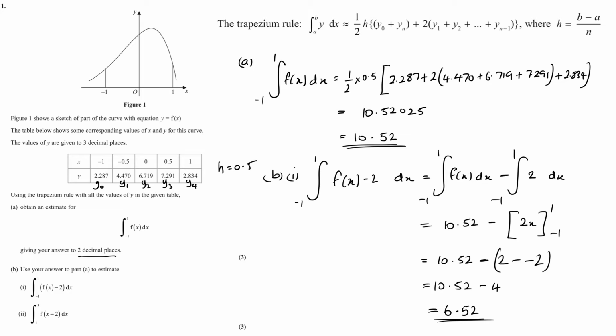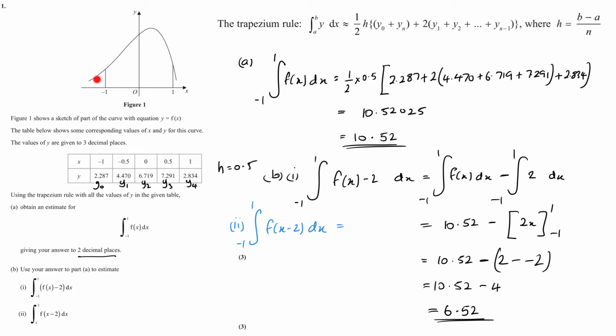Okay, so that's B part 1, and then B part 2, I'm going to put this in blue writing just so that you can follow it a little bit better, not confusing it with the other working out on the page. So we got this between 1 and minus 1, and it's f of x minus 2. Now, this just shifts the whole thing to the right by 2. So it's not going to change the actual area.